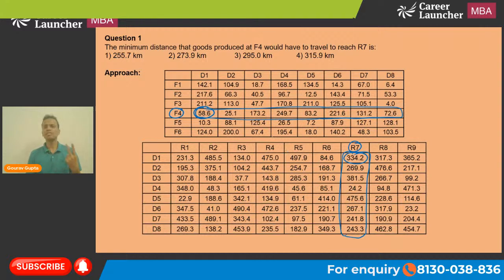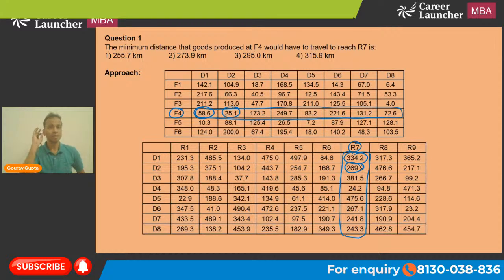Now the second distance, 25 and 269, is certainly less than the previous distance. So 269.9, 270 plus 25 is approximately 295. So now 295 should be the number in your mind.